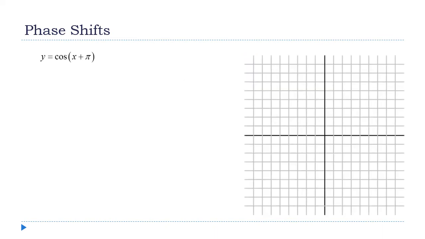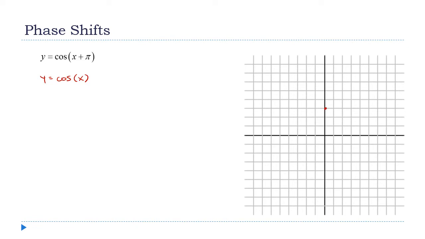Let's start out with a basic example, right? y equals cosine of (x plus pi). I really want to think of this in terms of a horizontal shift. So let's start by graphing y equals the cosine of x.